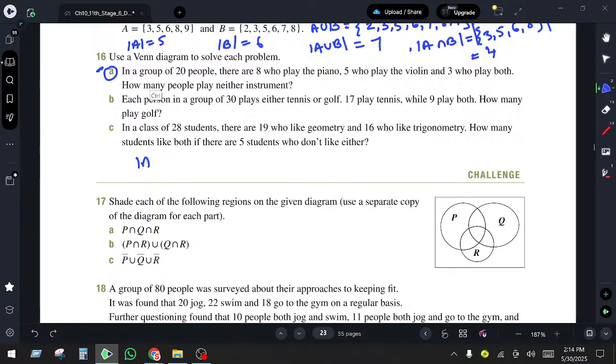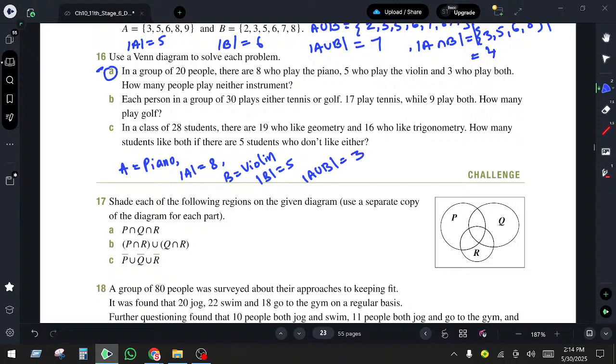Given A, let's take A for piano. How many people play piano? 8. Now B is violin. How many play the violin? 5. How many people play both, A intersection B?